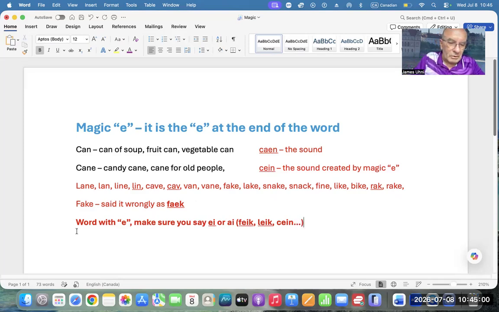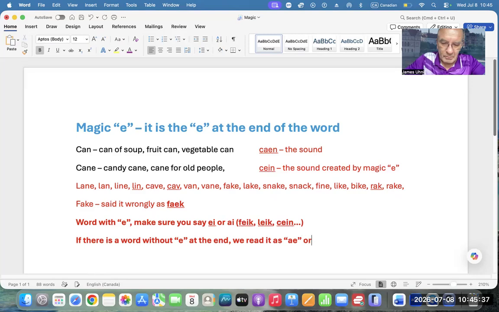If there is a word without E at the end, we read it as a or ö.